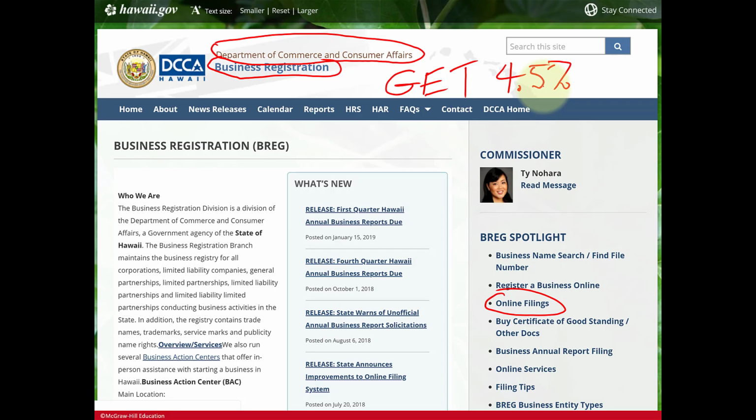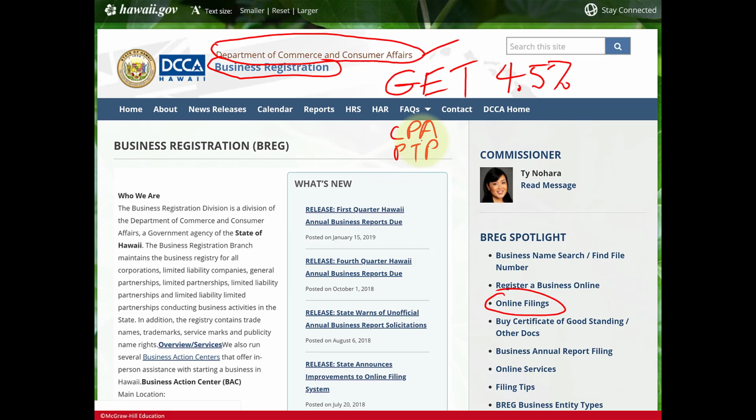Another division of the Department of Commerce and Consumer Affairs is their licensing division. For example, as a CPA, I need to get a CPA license. And whoever runs a business, an office as a CPA, you probably need a permit to practice.